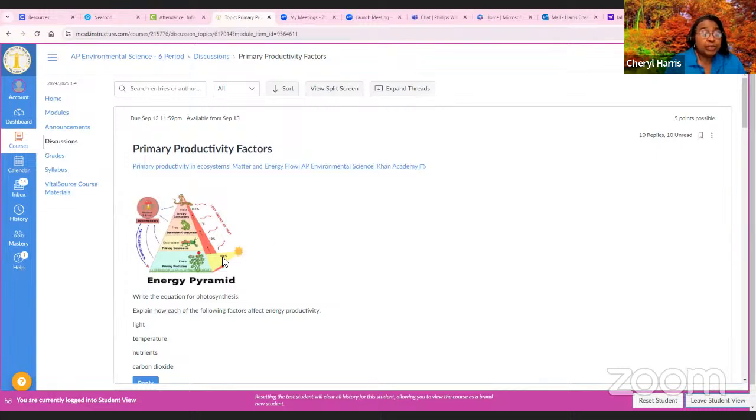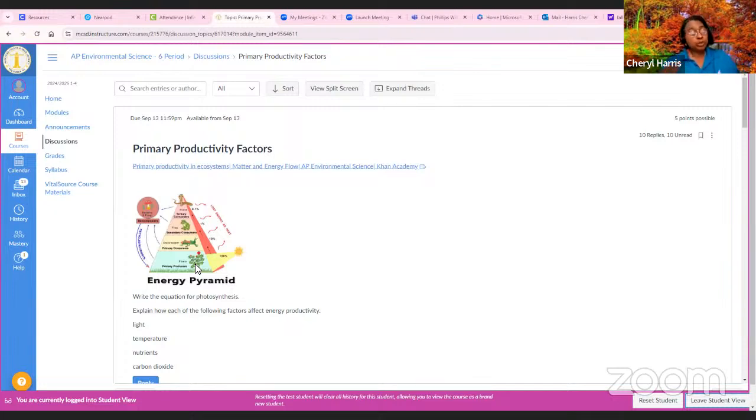So again, looking at this, you always need to remember that the sun is the original source of energy for everything. And the only thing that's able to absorb the energy are the primary producers, which are our plants. They're always going to be at the beginning.